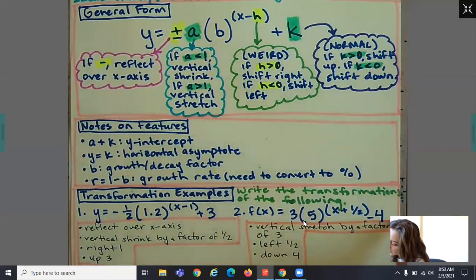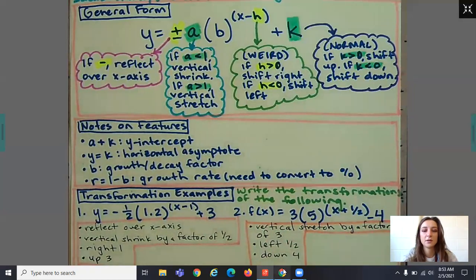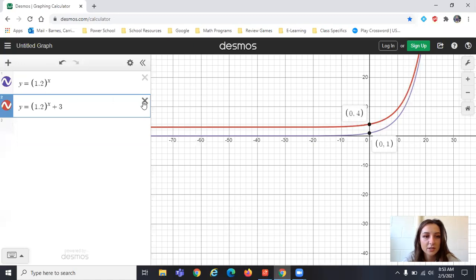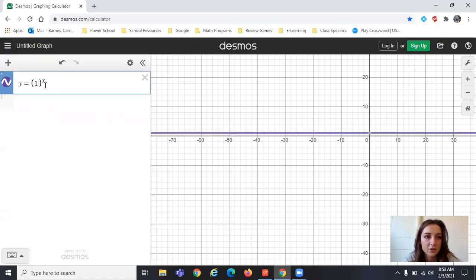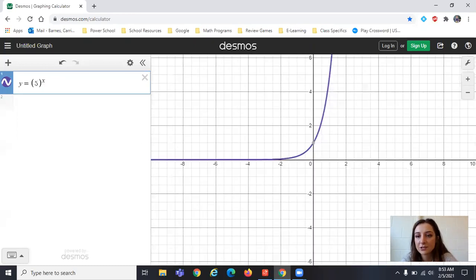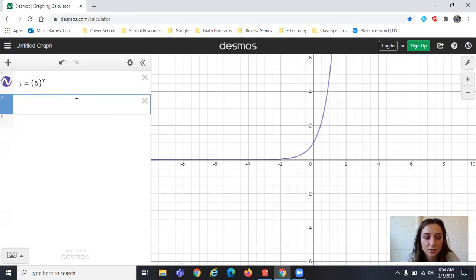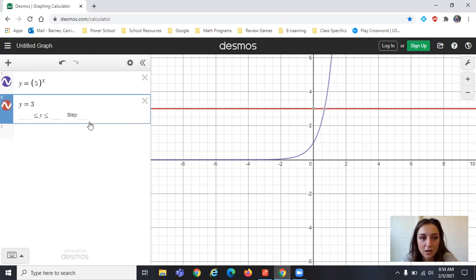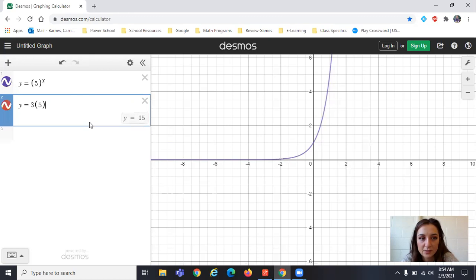Okay, so let's just go look at this in Desmos with its parent function. And the new parent function is going to be 5 to the power of x. So this is our parent function, and let's just type in our very first transformation, which was the 3 out in the front. And what you're going to notice is that this is going to be more narrow. It's going to go sort of straight up. So just watch what happens.